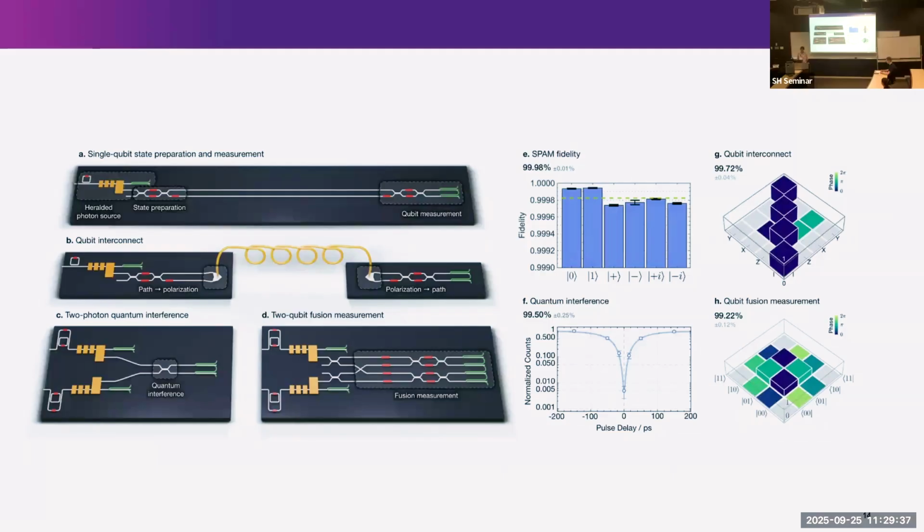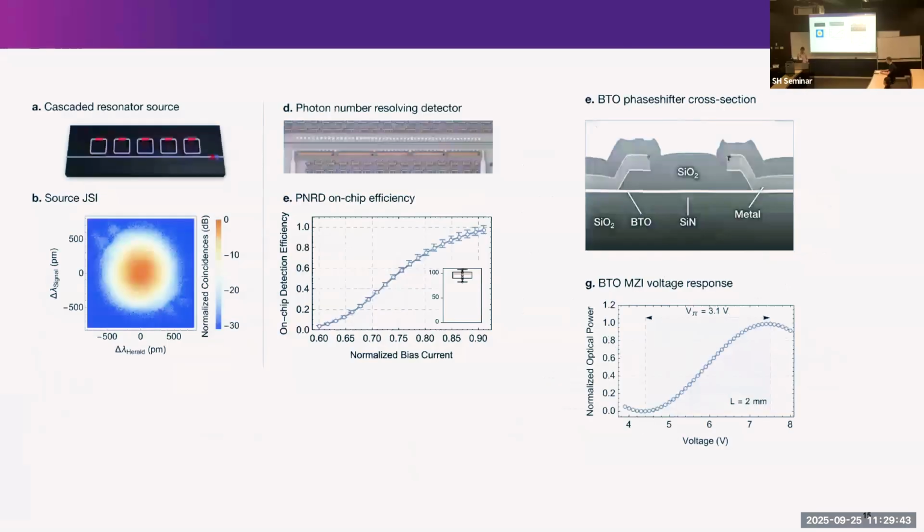And it was all enabled because they invested a lot in the platform. So this one, for those who know what a joint spectral intensity measurement is, this is something, when you have spontaneous four-wave mixing, you're creating your two photons. The wavelength will be defined by the phase matching of your spontaneous four-wave mixing.